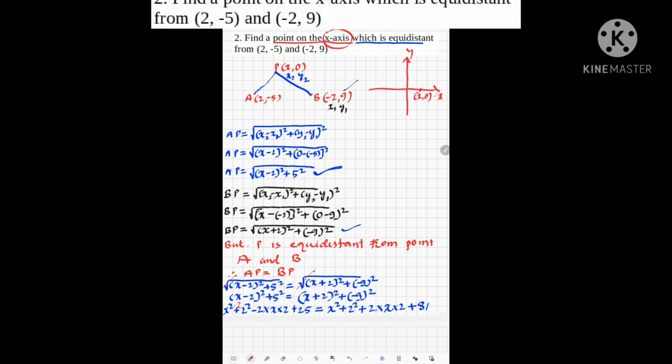Here both sides have similar terms, they will cancel. x square will cancel.